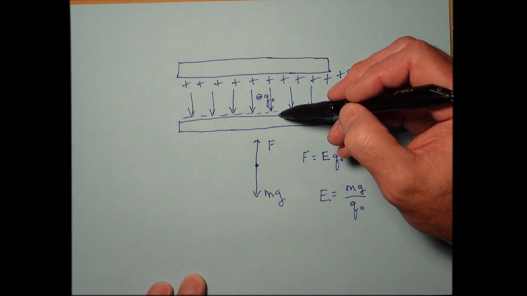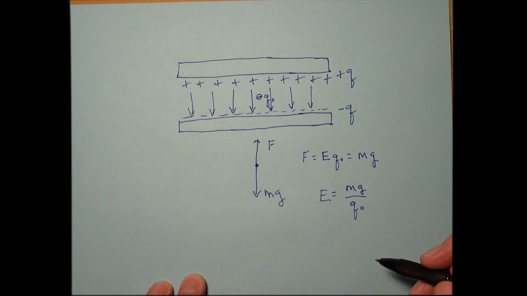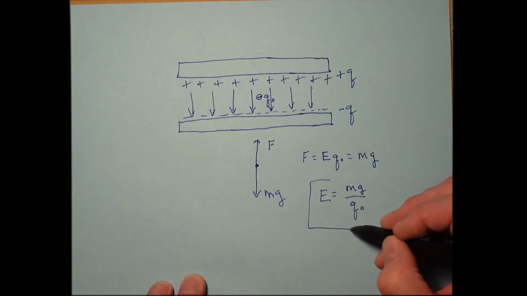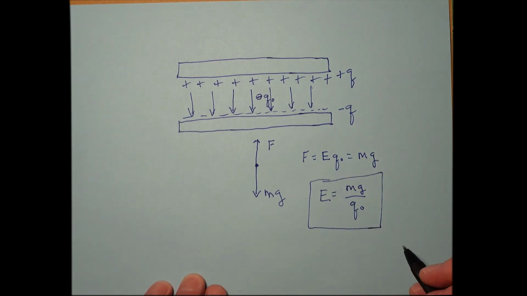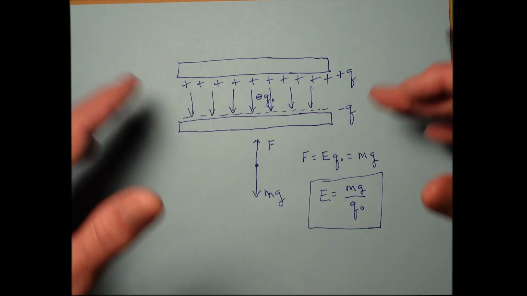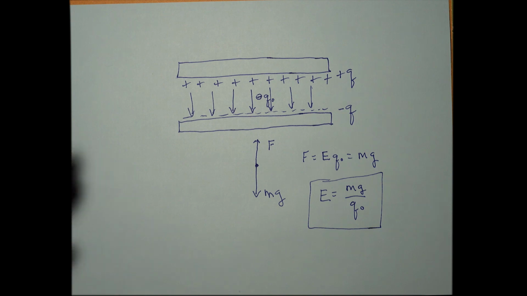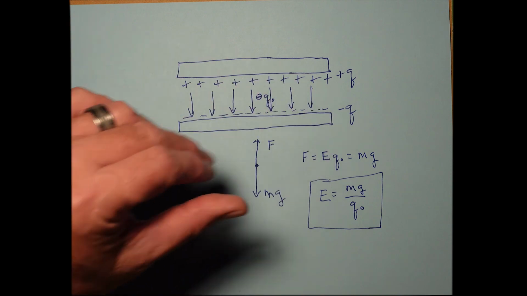The direction of the electric field would be upward if Q naught were positive. But that's the magnitude of the electric field right there. So when I say the rest of the chapter derives equations for electric fields based upon various charge distributions, this is an example of that. This is a pretty straightforward example of charge that exists on two parallel plates.